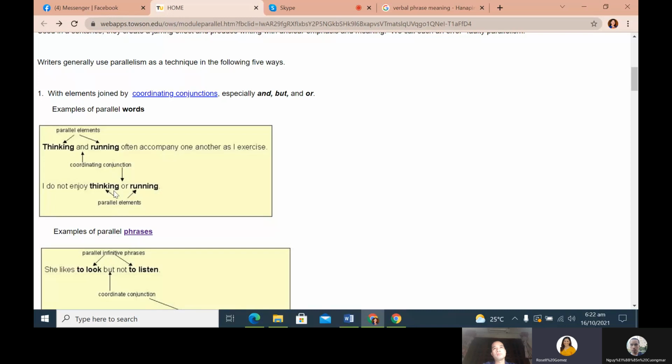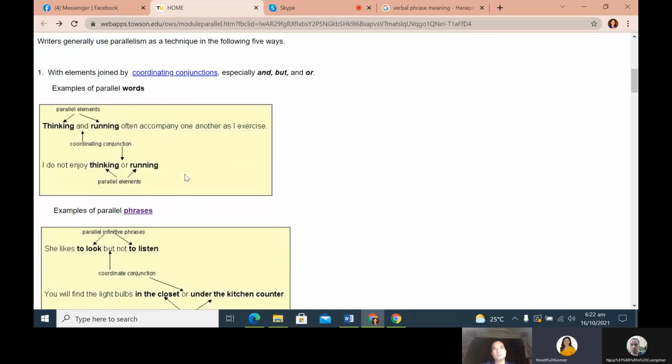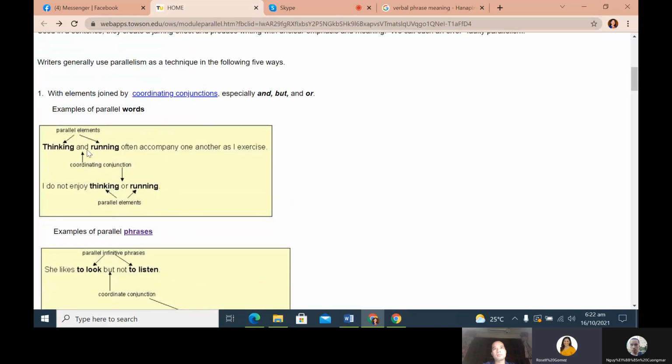They end with ing. They are still parallel elements. There are many sentences you can make with the same words. You can make two sentences from this one. These are examples of parallel words, because thinking is a word and running is a word.